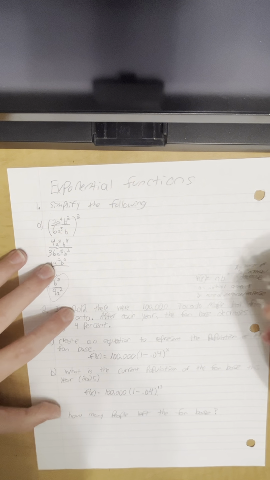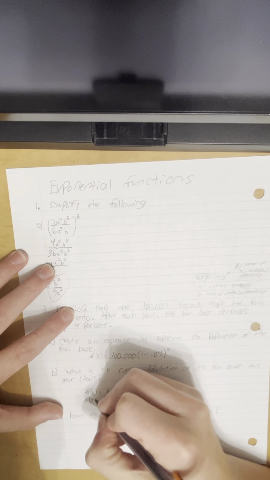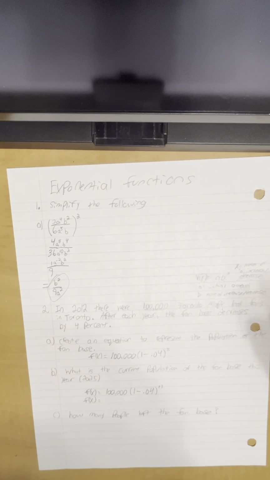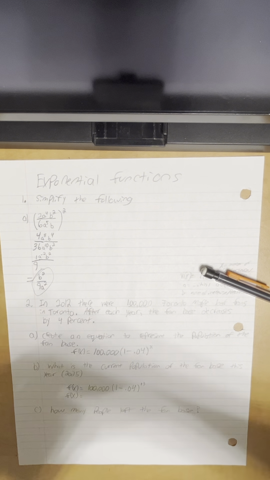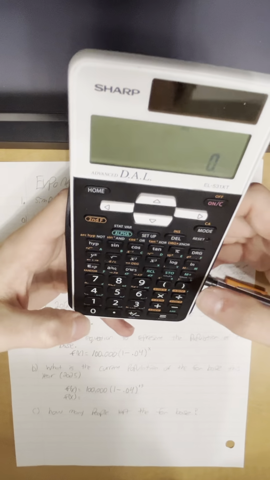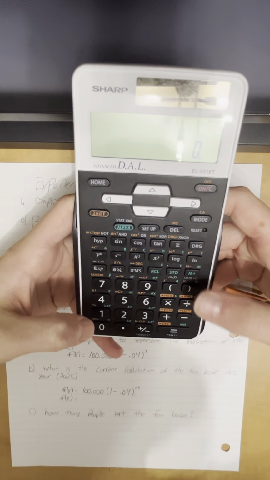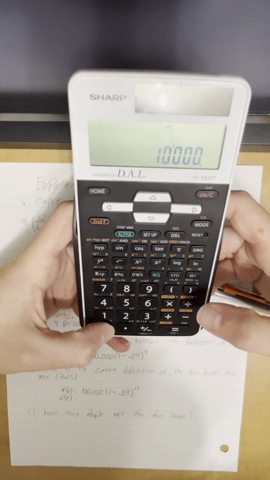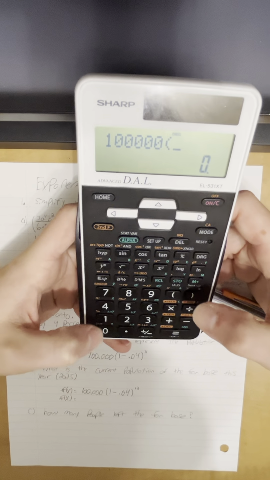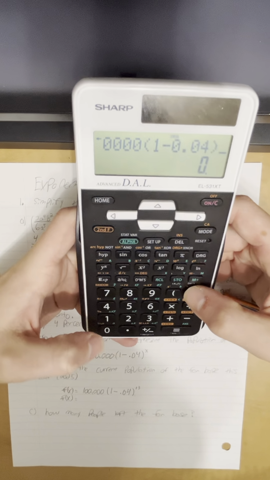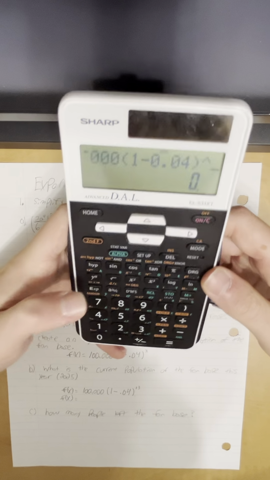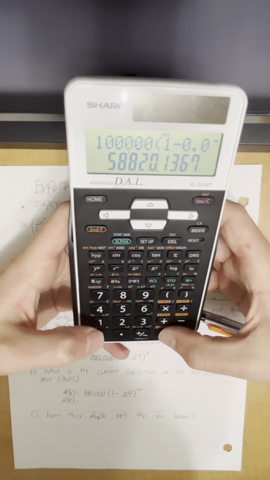Okay. Now we just plug this into our calculator. So we got 100,000 bracket 1 minus 0.04 to the exponent of 13.